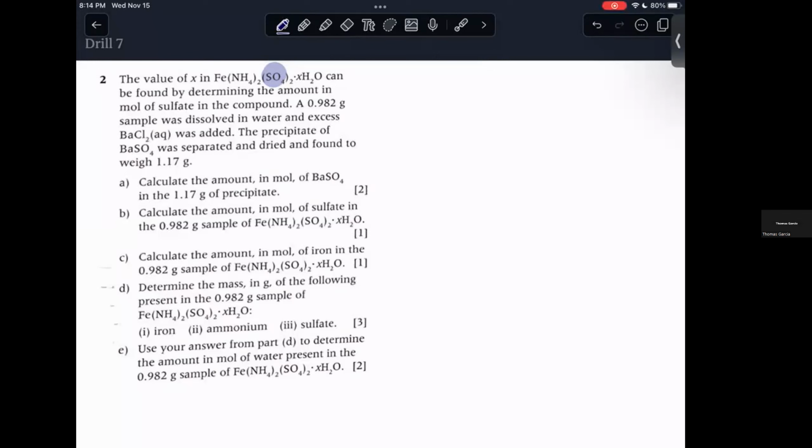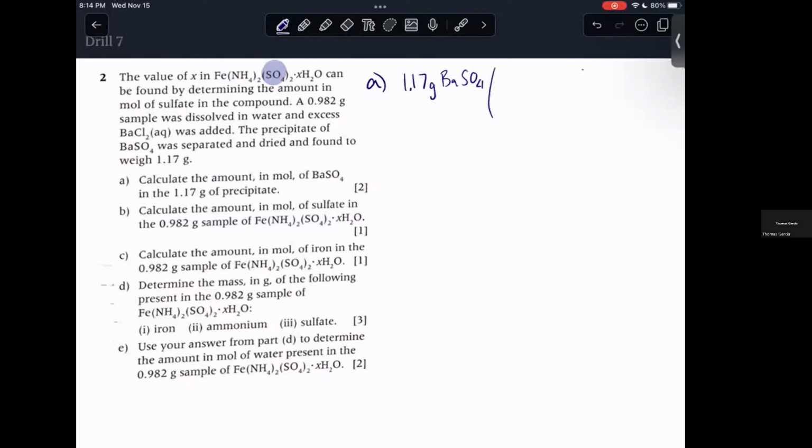So this first part is just straight up stoichiometry. We have 1.17 grams BaSO4, and we are converting that into moles. So 1 mole of BaSO4 is equivalent to 233.39 grams BaSO4.